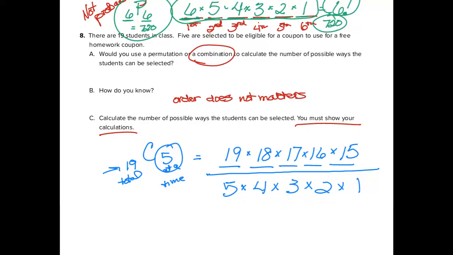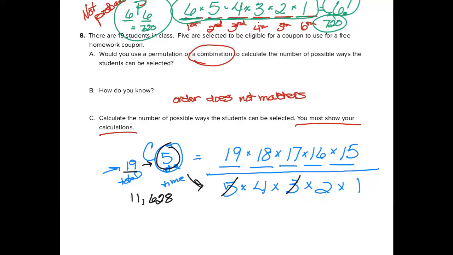So that's a lot of calculations here. First of all, I'm going to check according to the combination formula. I put in 19 first, and then find my combination 5 at a time, and for this answer I got 11,628. Now, if I show the calculations, that means I start with 19 and do 5 spaces, and then divide by 5 factorial.